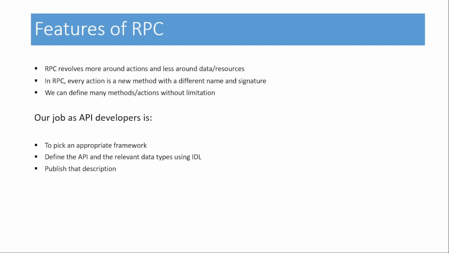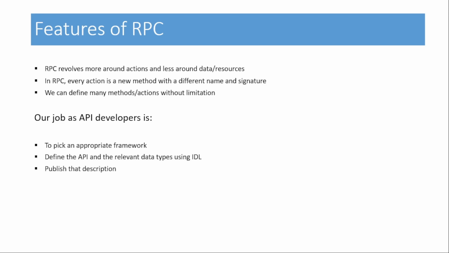Now, security. An RPC system can implement security measures to authenticate clients and authorize their actions, ensuring that only legitimate requests are processed. Data transmitted over the network can be encrypted to protect against eavesdropping and tampering. RPC provides a robust framework for building distributed systems with a focus on performing specific actions through method calls.